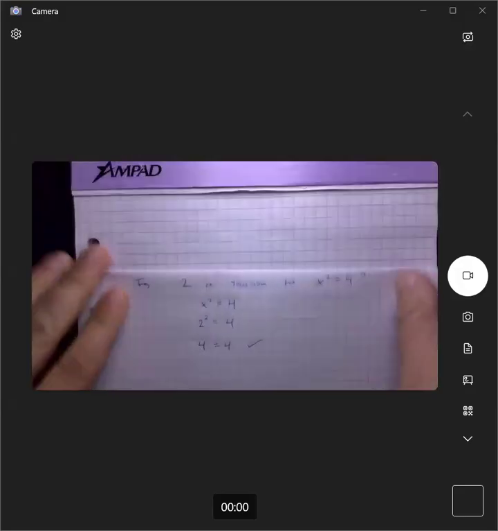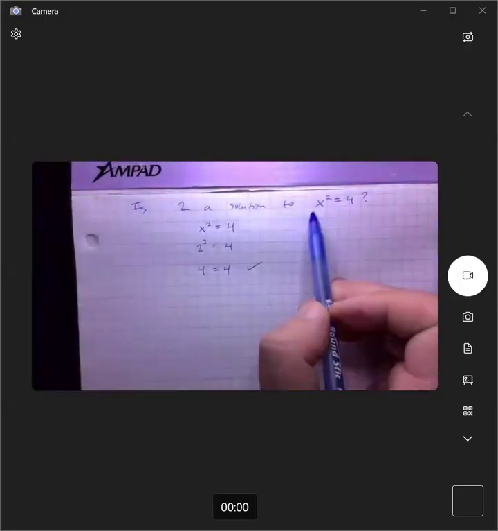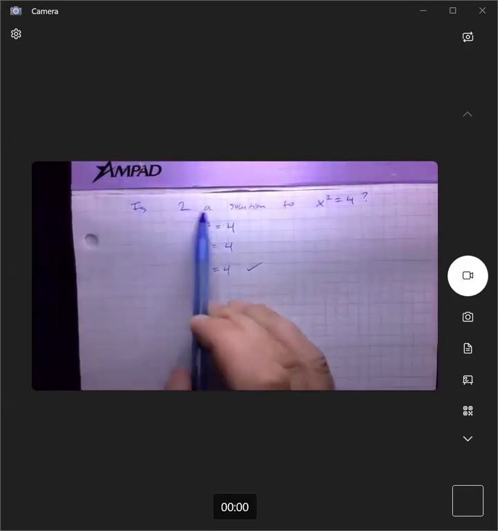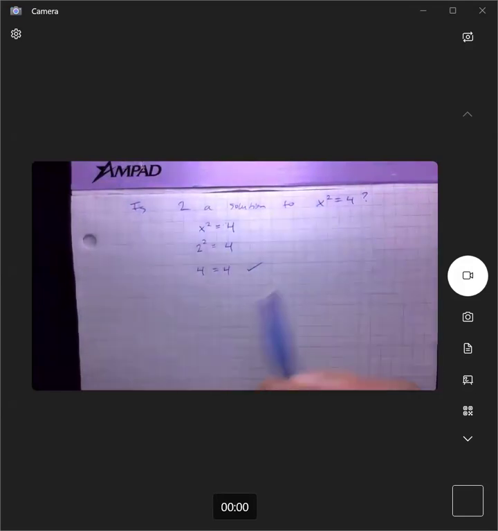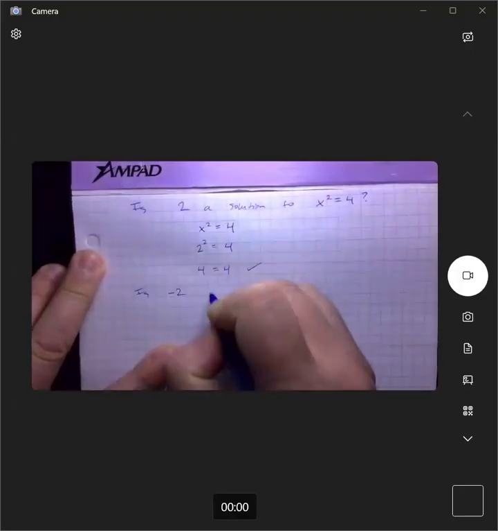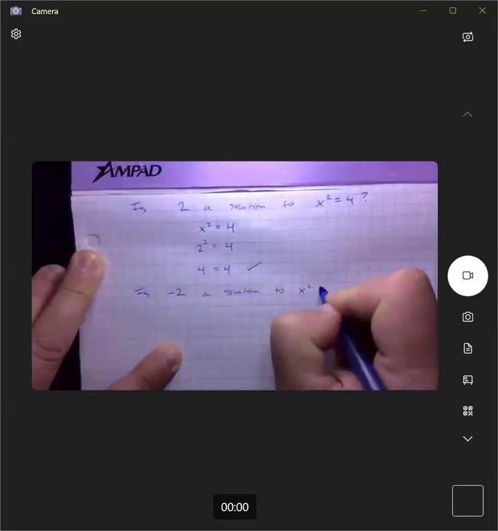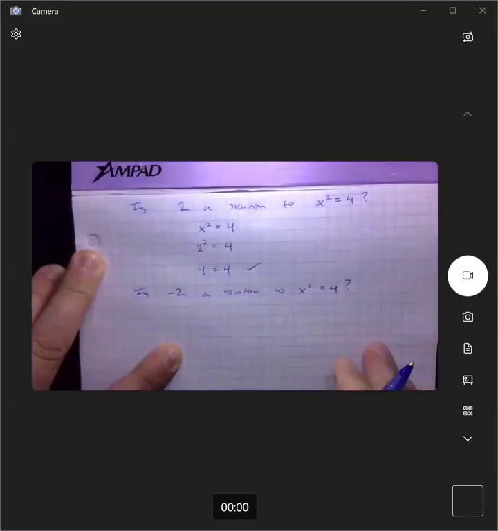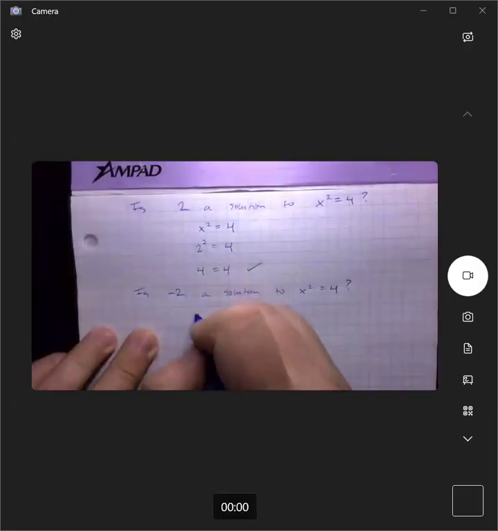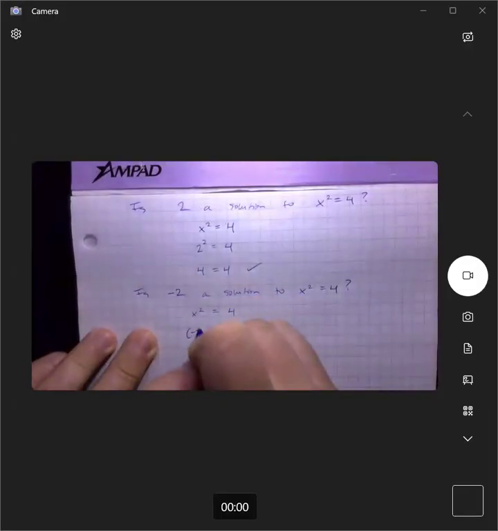But that's not the only solution to the equation x squared equals 4. 2 is a solution, but so is negative 2.